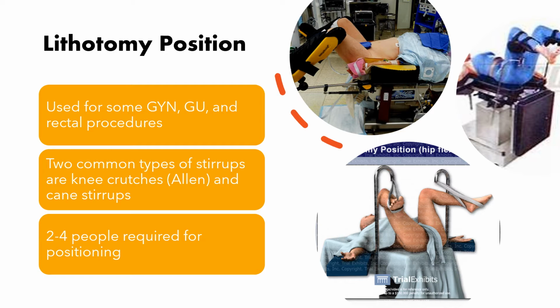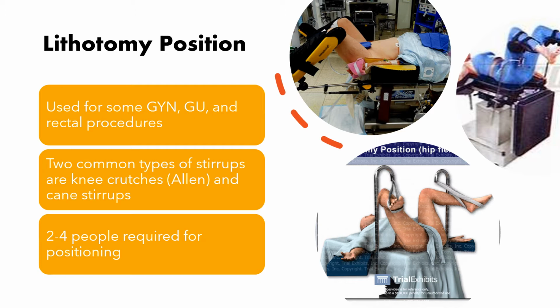That's a specific brand. The ones on the upper right, I would refer to those as like a well leg holder, but they can also be used for positioning in the lithotomy position as well. And then at the bottom, you see what we call the cane stirrups, or sometimes you might hear them called candy canes because they look like the shape of a candy cane.